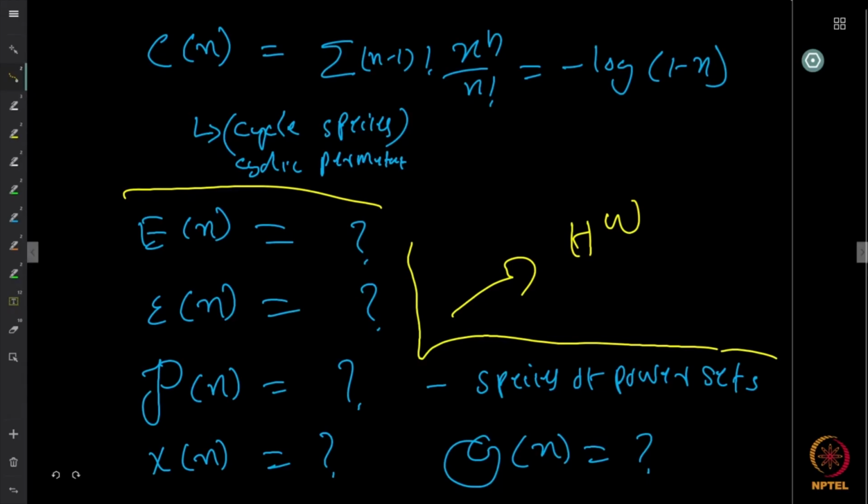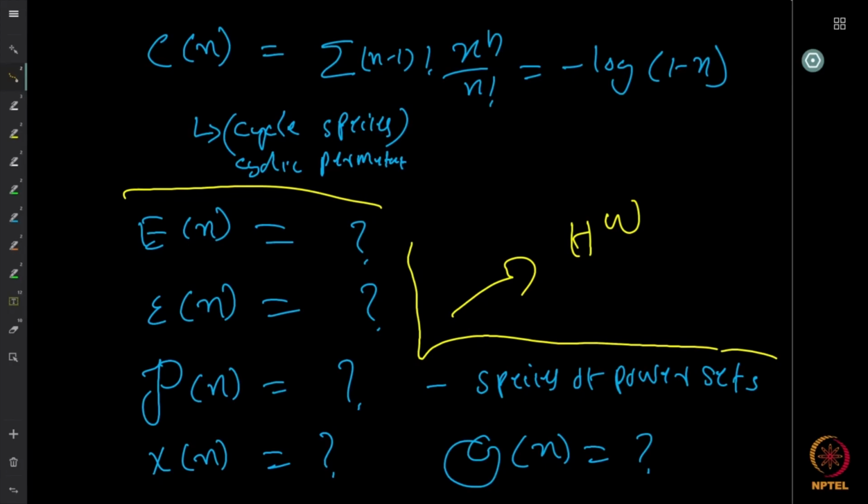Then what is that? It is basically a summation. We know that there are n minus 1 factorial of them. So therefore you will get minus log of 1 minus x, which follows from this summation of n minus 1 factorial by n factorial into x raised to n.